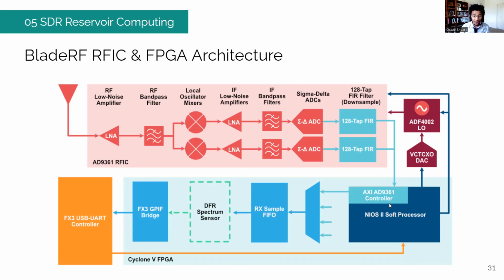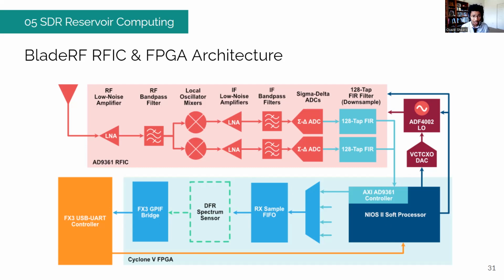On the FPGA side of things, with this software radio architecture, the samples are fed into a type of first-in, first-out queue. And the results from that queue, without the IP that we have, are then sent through this bridge that allows the data to be read by the computer.